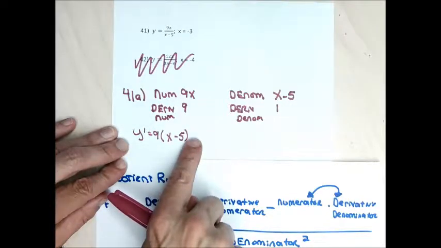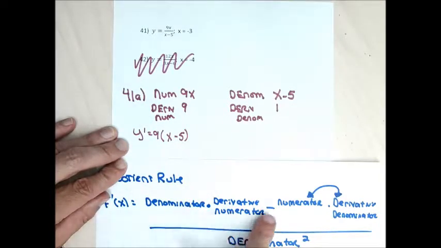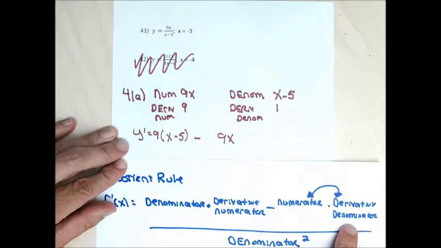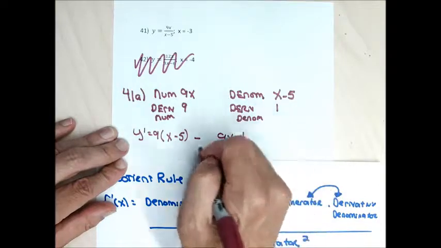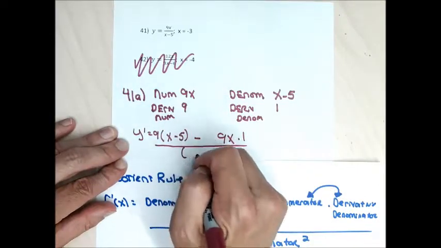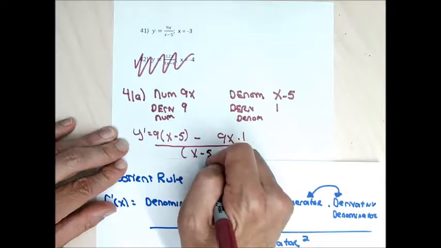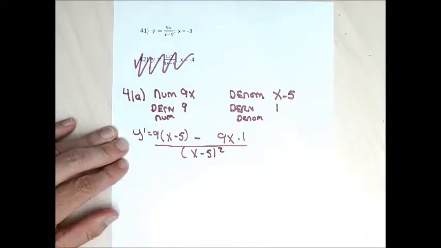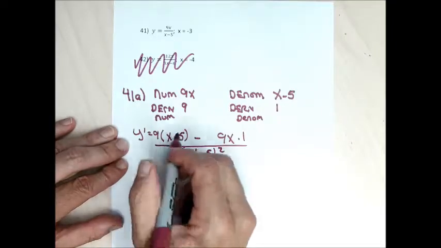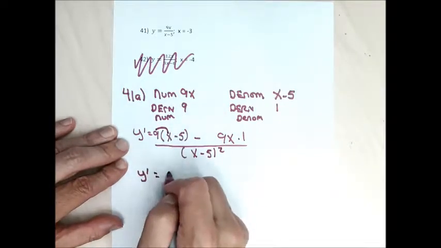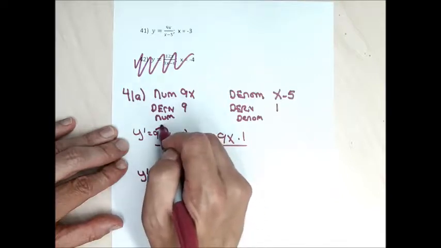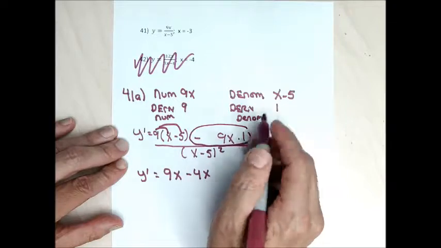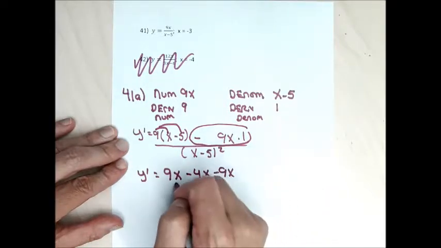And then minus the numerator, which is 9x, times the derivative of the denominator, which is 1, all over the denominator squared. That's the start of the derivative. Now I'm going to clear that parentheses in the numerator by going 9 times x and getting 9x, 9 times minus 5 and getting minus 45, and then minus 9x times 1 is minus 9x.